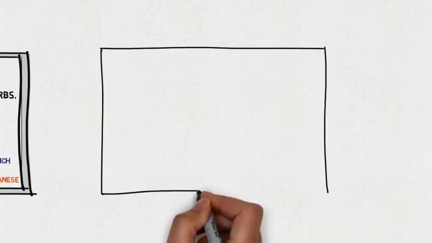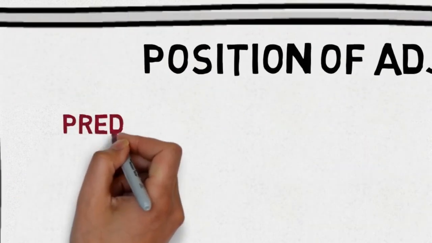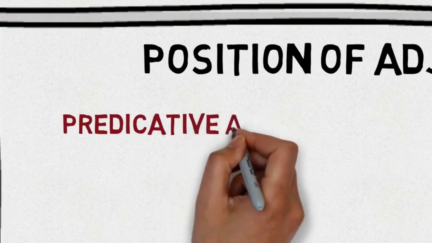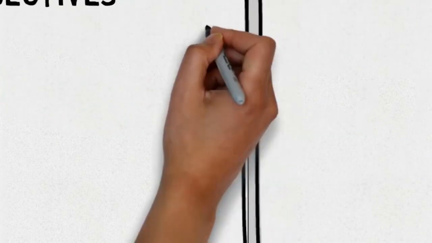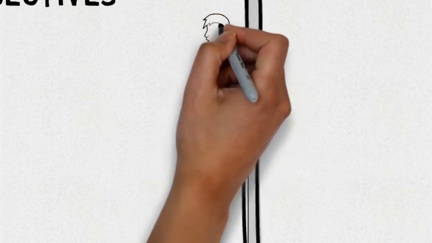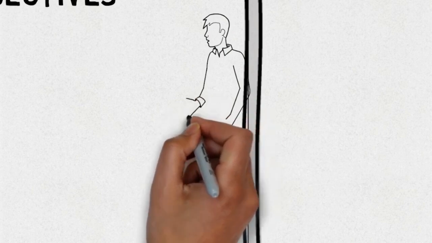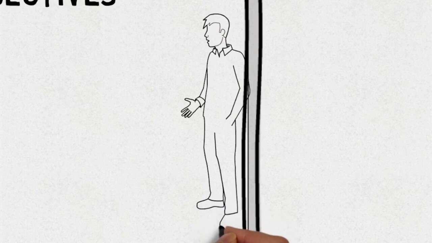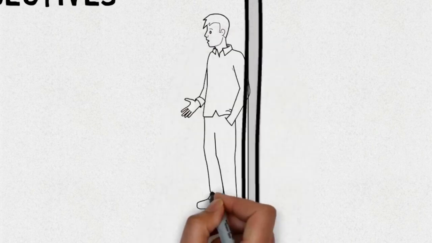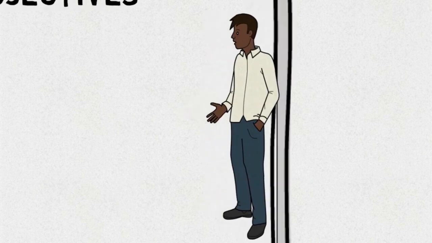Some types of adjectives may give different meanings in different positions, attributive or predicative, such as well for healthy and ill for unhealthy if they are used predicatively, that's after the noun. However, they give different meanings when they are used attributively, that's before the noun.